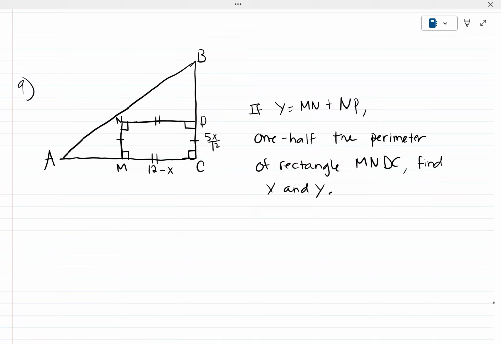Okay, so, oh, I forgot to add this entire length from A to C is 12. And then it says if Y equals MN plus NP, 1/2 of the perimeter of the rectangle MNDC, find X and Y. Oh, so never mind.